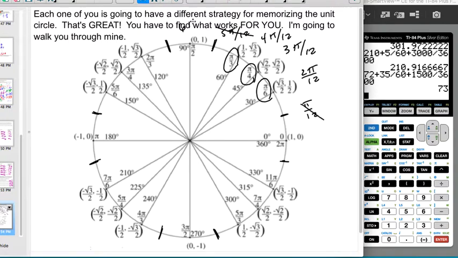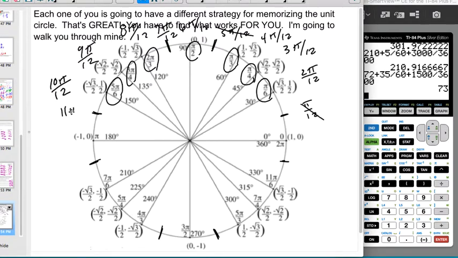But 6 pi over 12 would give you your pi over 2. 7 pi over 12 isn't on the circle, but 8 pi over 12 would definitely simplify to 2 pi over 3. 9 pi over 12 would give you your 3 pi over 4. 10 pi over 12, if you cancel to 2, would give you 5 pi over 6. 11 pi over 12 doesn't show up on the circle. 12 pi over 12 is definitely a pi, right? And that's how you know you're doing it right. And you can keep working your way the entire way around the circle.